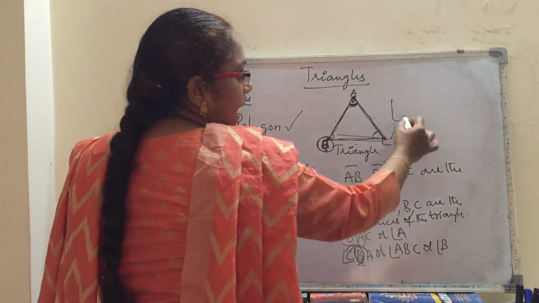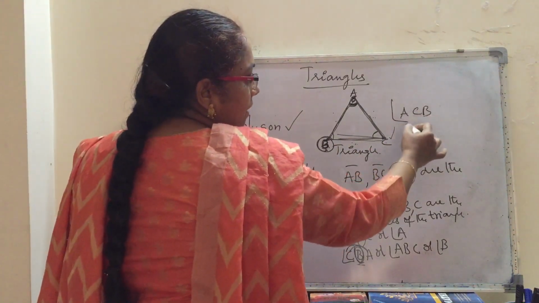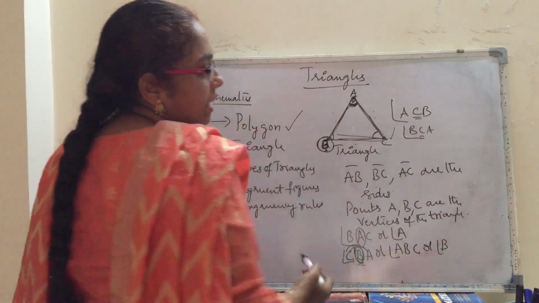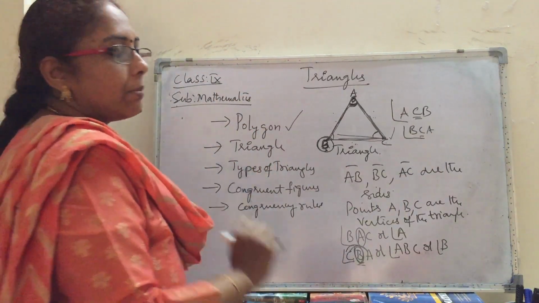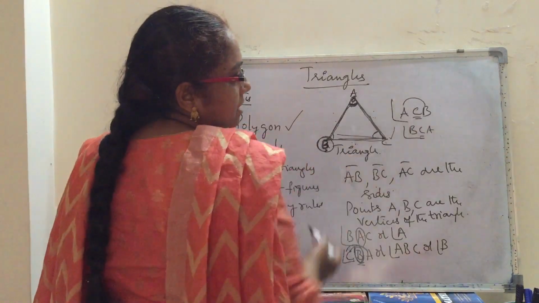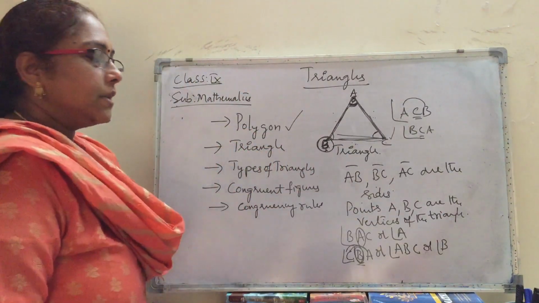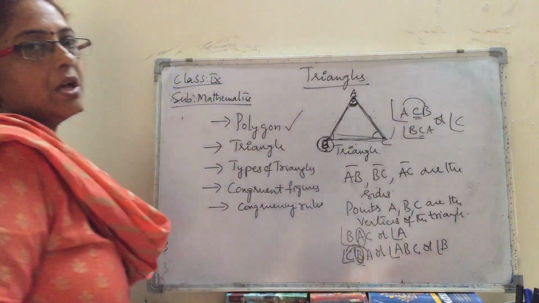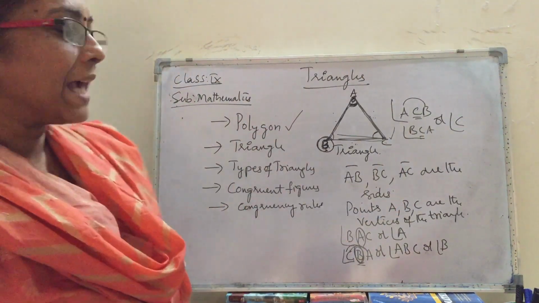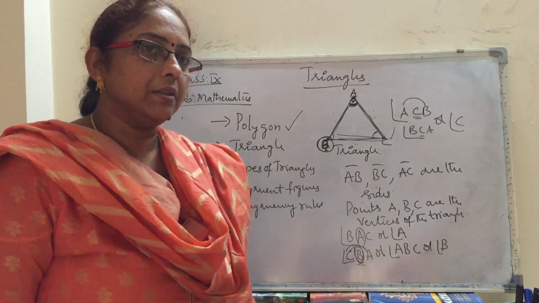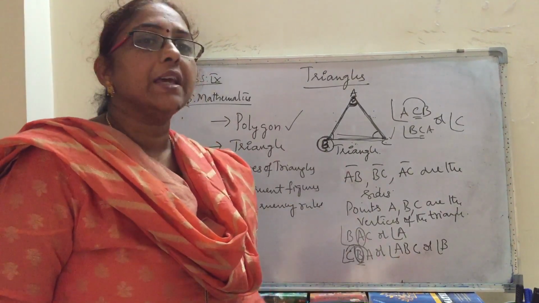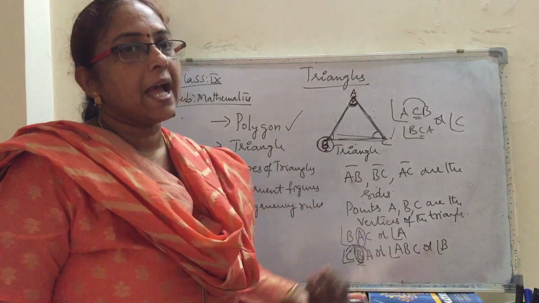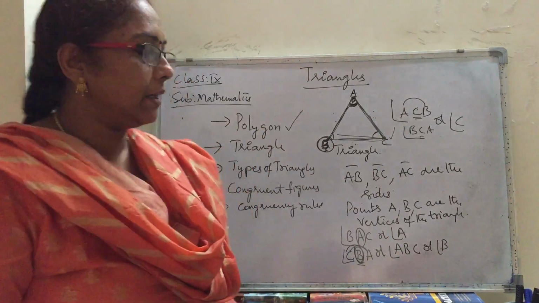We can write angle ACB or angle BCA. At C, that vertex we put in the middle, and the other 2 vertices on either side. Simply we can write angle C. So how many angles are there in a triangle? 3. How many sides? 3. So total 3 sides and 3 angles for any triangle.